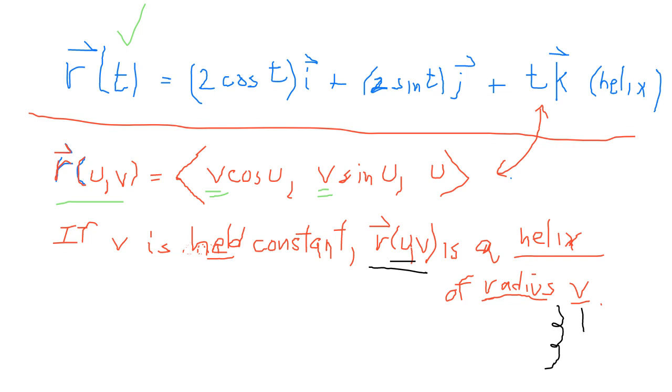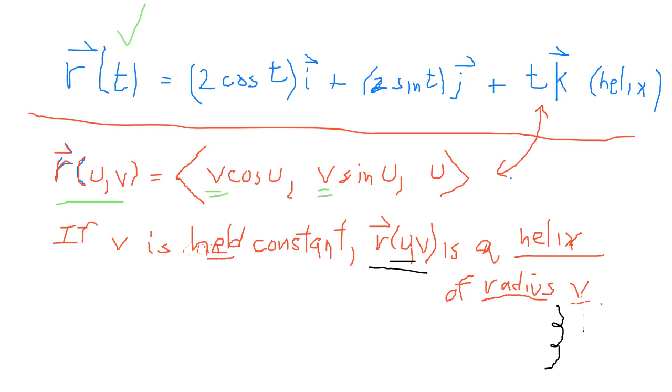All right. Well, what happens then if you know V's being held constant, but you could change V, right? V could be changed. It could be 1, 2, 3, 4.